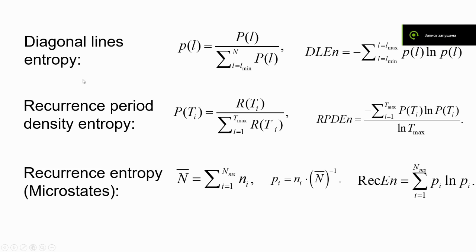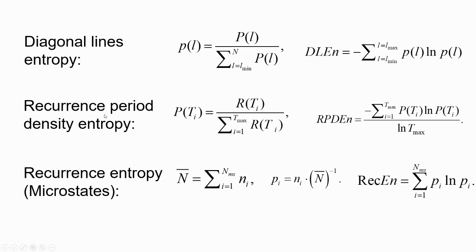Correspondingly, according to recurrence quantification analysis, we can consider different types of entropies that are related to this procedure, such as diagonal lines entropy, where the recurrent diagonal lines represent exactly deterministic structures in our phase space, in our system.